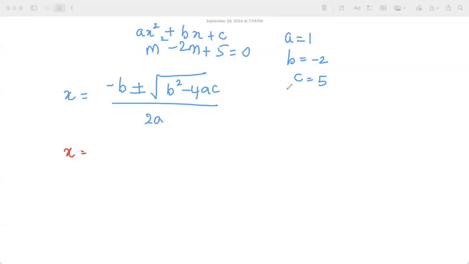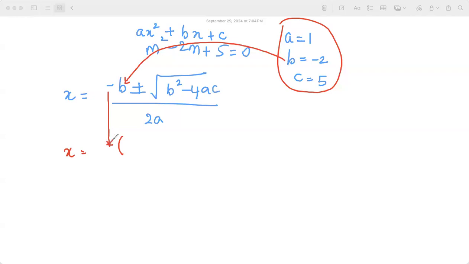Now I'm going to substitute. I'm just going to plug in these 3 values. That's all. Now, there is a minus b, and b is -2, which means the minus is outside. Again, you need to be careful here. B square is what? -2, the whole square, is 4.